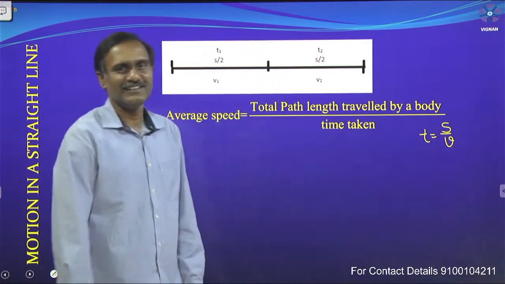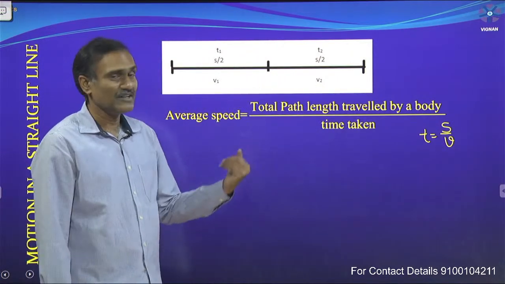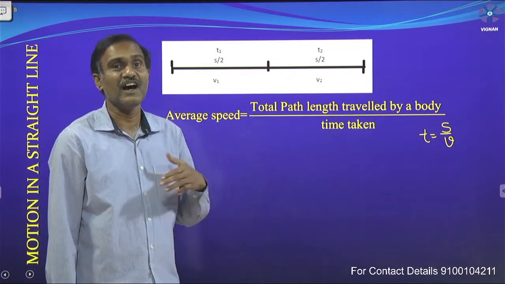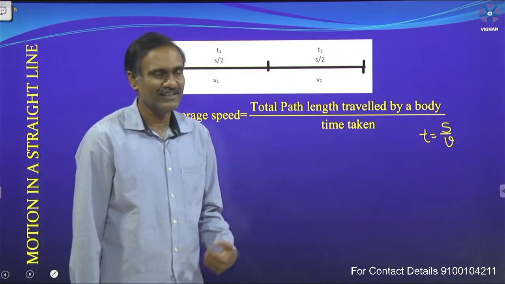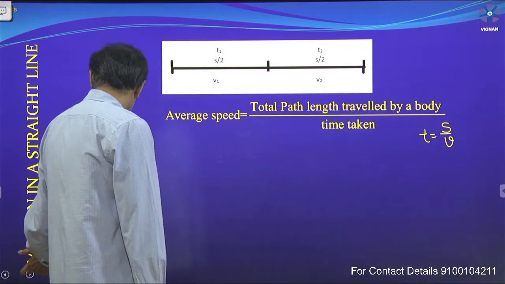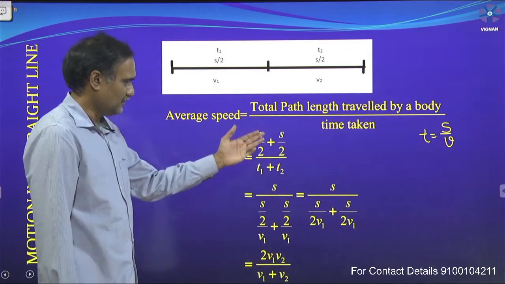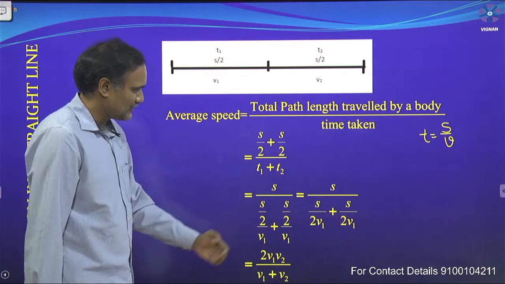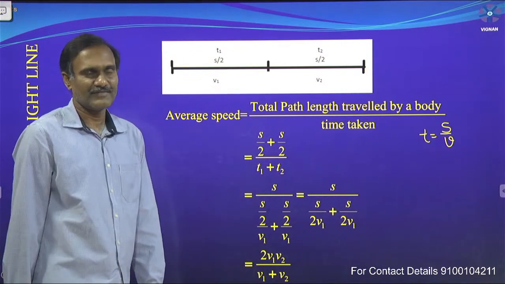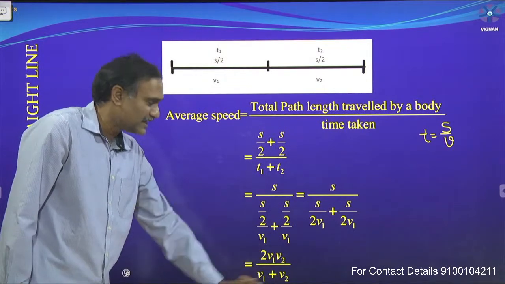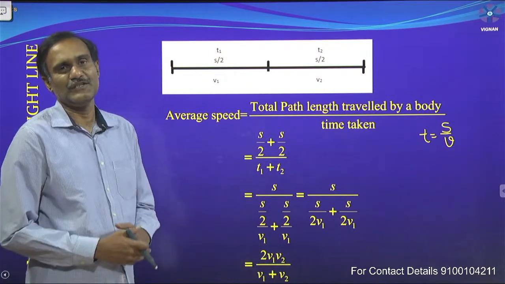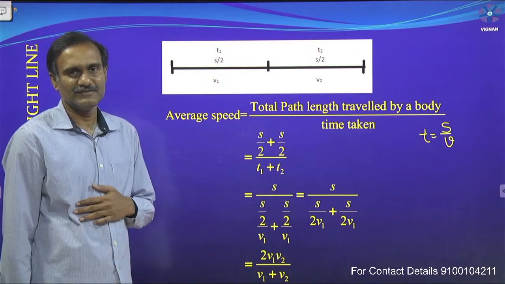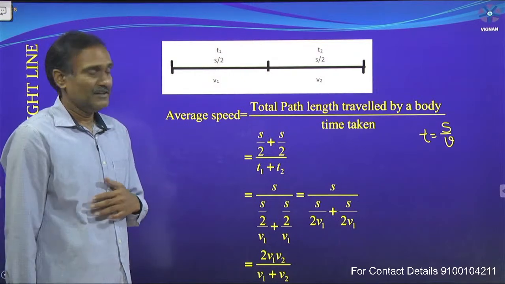Remember that. t is nothing but s by v, displacement divided by average speed or average velocity. Remember that. Now this is the solution for it. Just observe that: 2 v1 v2 divided by v1 plus v2. Okay. Next one.